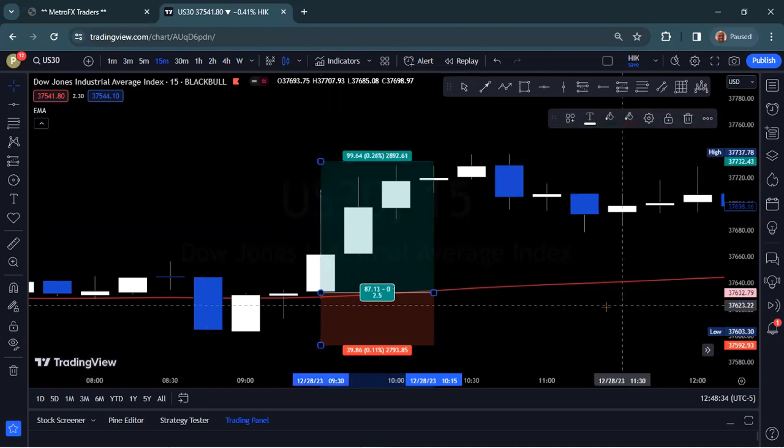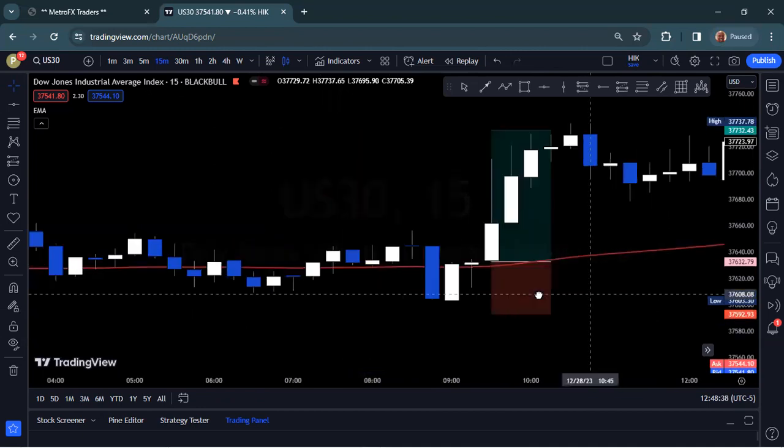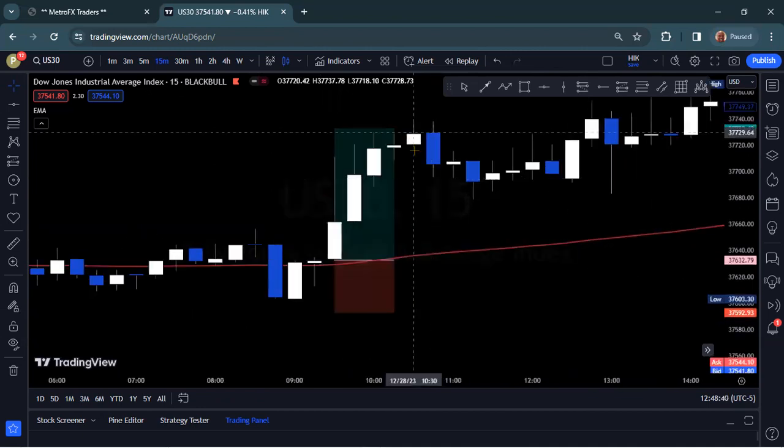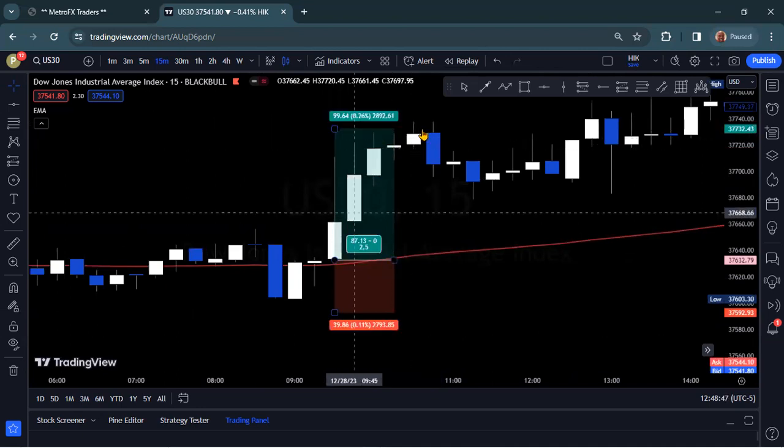All right, 2.5. And what happens? Looking right, this particular candle, the wick hits your TP and you're in profit. Look at that. You're in profit again.